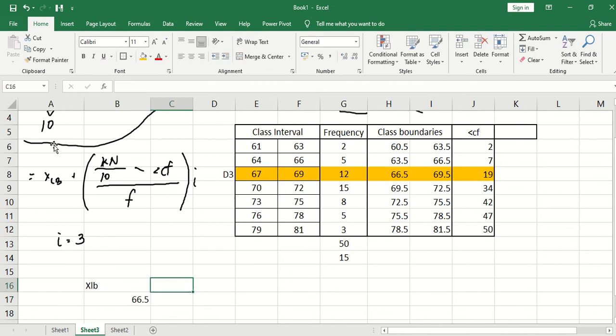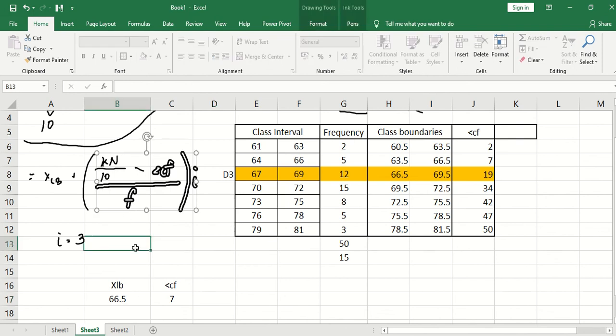Then next one, we already have the in, this one. Then CF for now. So less than CF is 7. Next one, frequency.